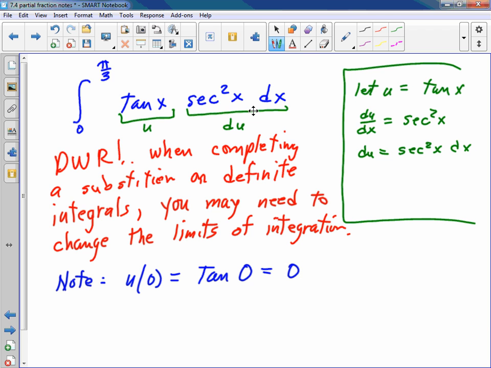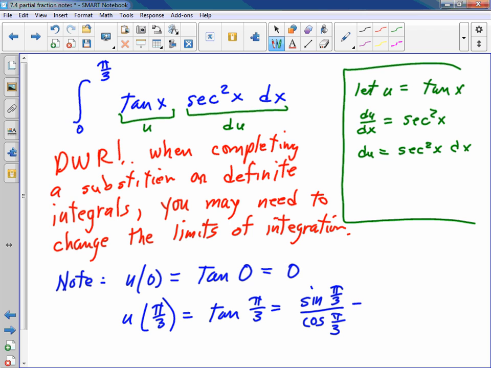I'm sorry. So, what's u of pi over 3? Tom, I give you a chance to redeem myself because that was my bad. What's u of pi over 3? Well, that equals the tangent of pi over 3, which equals sine of pi over 3 over cosine of pi over 3. You remember this one off the top of your head? From Trig last year?